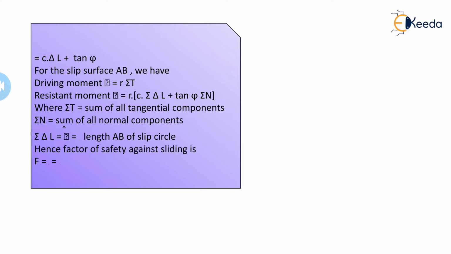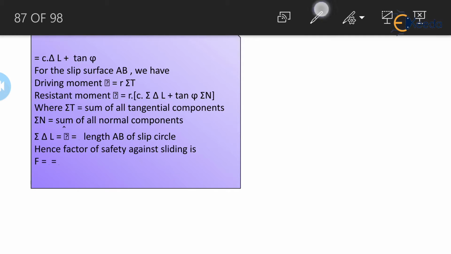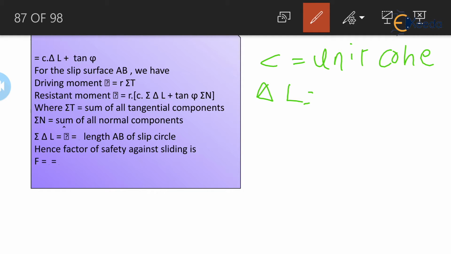If C is the unit cohesion, and delta L is the curved length or change in length of each slice, then we will get the equation C into delta L plus tan phi, where phi is the angle made on the specific slope.